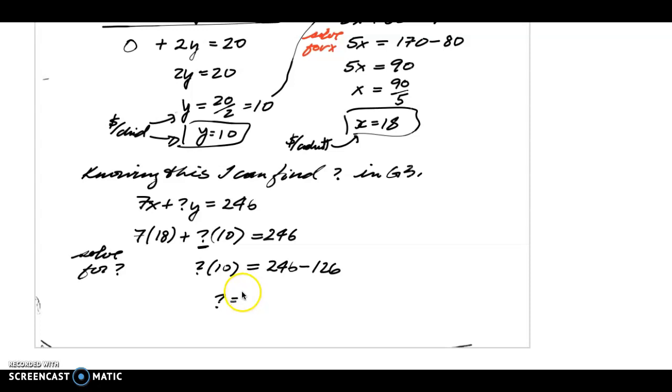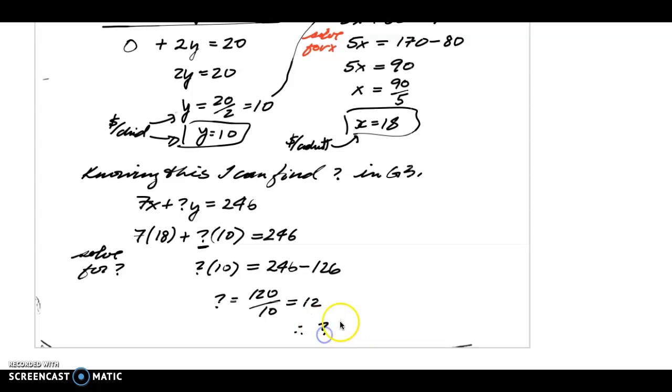So 246 minus 126. Well, 246 minus 126 is 120. So this is going to be 120 divided by 10. Well, that's just 12, right? So there we go.